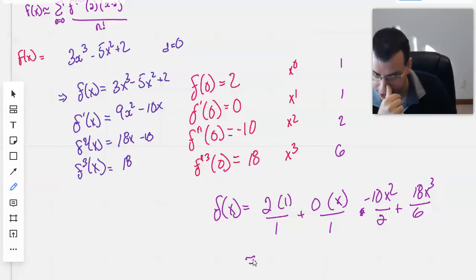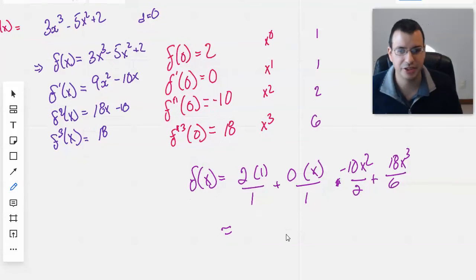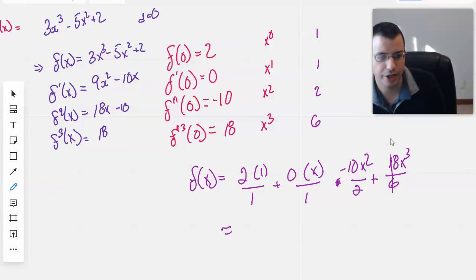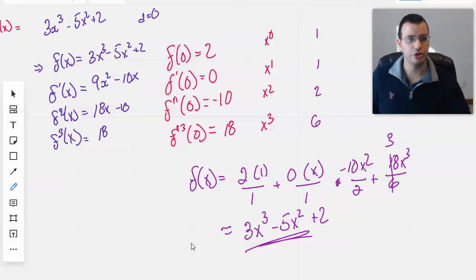So simplifying these things and moving the highest powers to the left, we have 3x cubed minus 5x squared plus 2, which is our original equation.